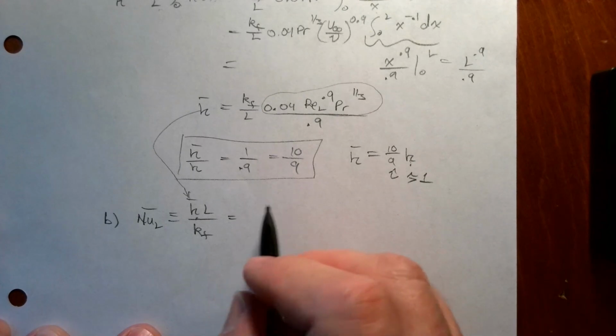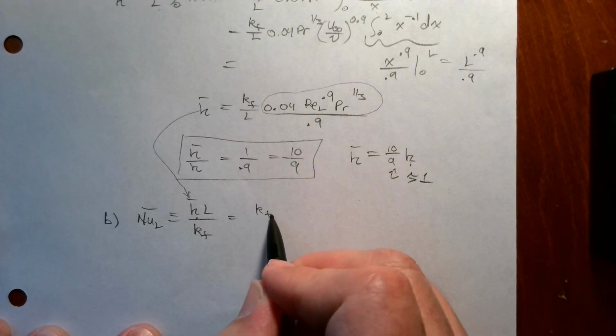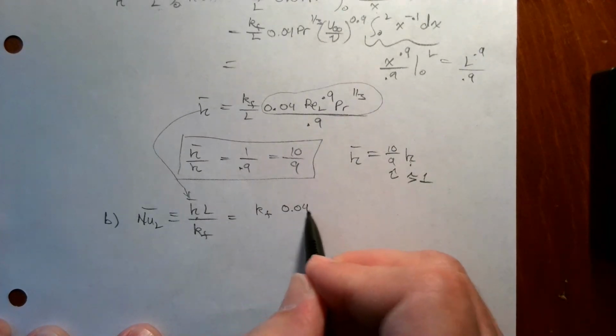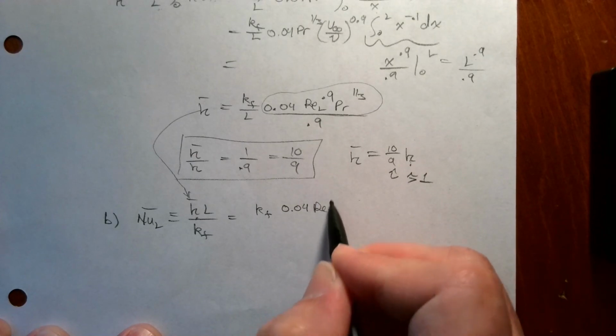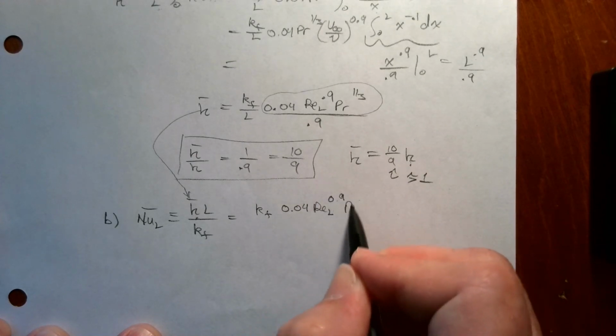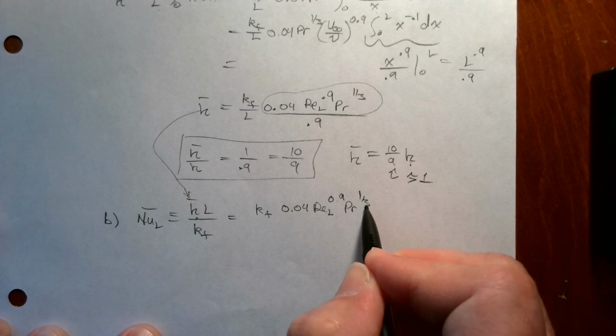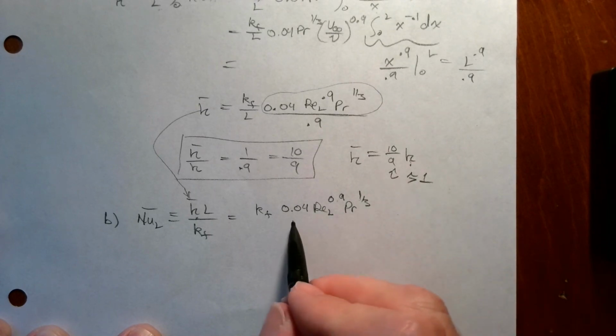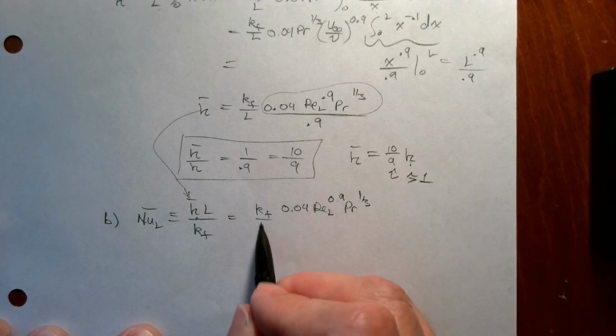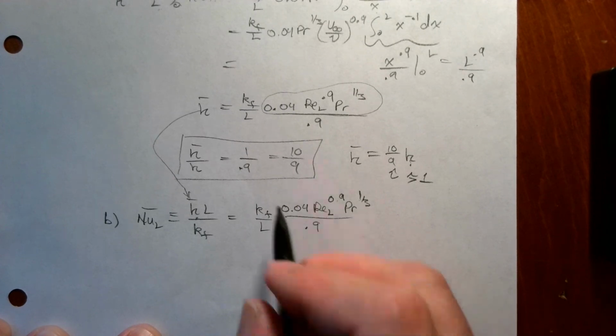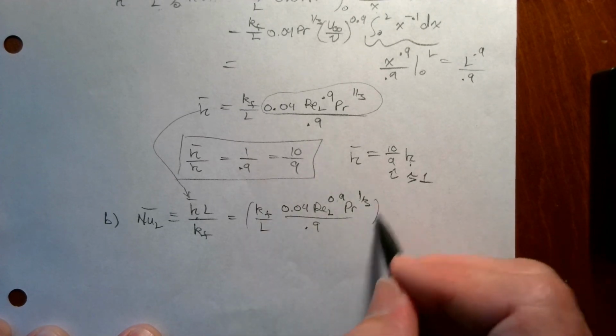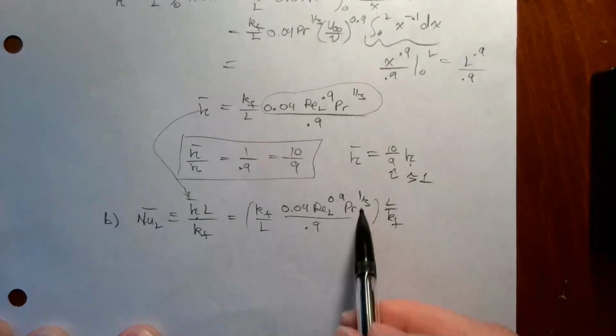So that's going to be equal to KF 0.04 Reynolds number L to the 0.9 Prandtl number to the 1/3 over L, that has a 0.9 in it, and then I have an L over KF.